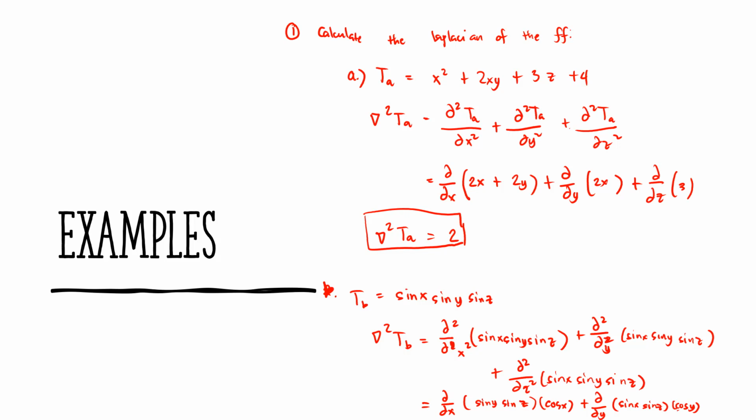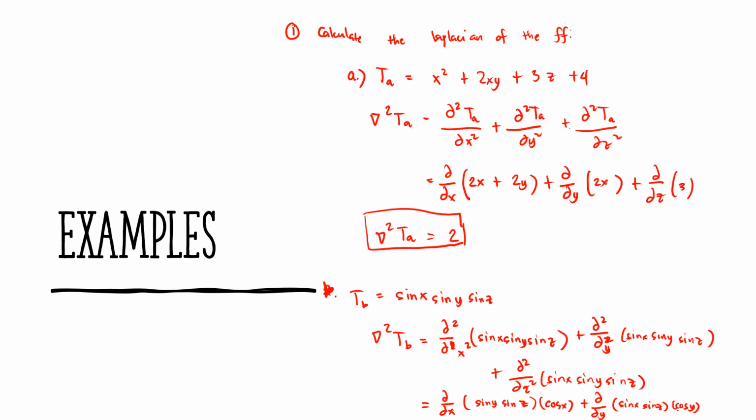So we will get 0 plus, so we have here 2x plus 0 plus 4. So you have here only 2x. And then differentiating this scalar function with respect to z, we have here 0, 0, and then we have 3, then we have 0. So we only have 3 here.